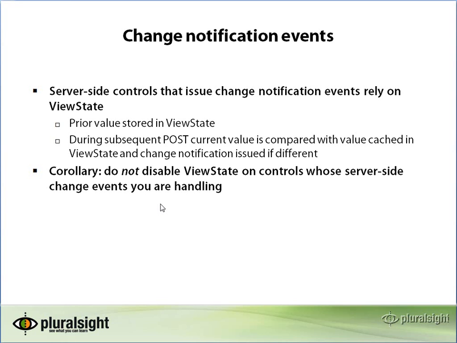And what you get is you receive a notification whenever the contents of that control has changed between postbacks to the same page. And the reason it's important to leave ViewState on for those controls is the detection of the change notification is actually managed through ViewState because they keep track of the prior value that was selected in ViewState to decide whether to issue the change notification event.